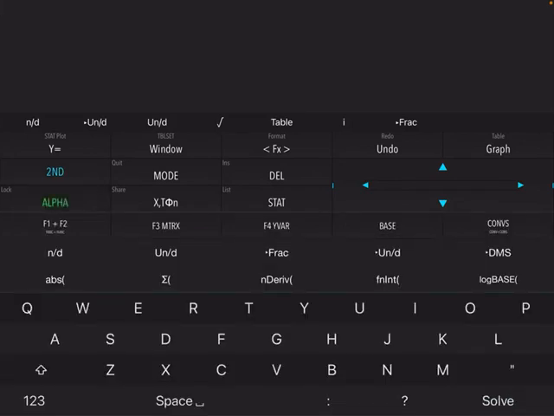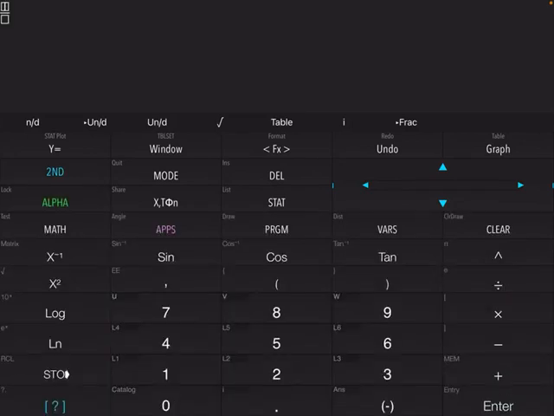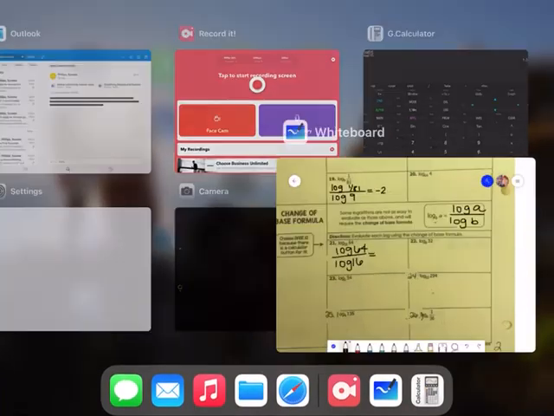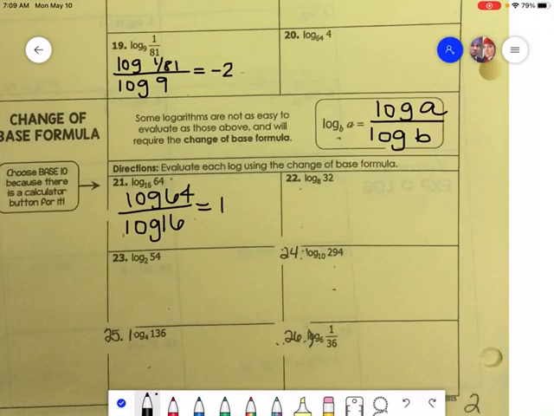Okay, let's do this one more time. I'm going to go log 64 on top, and finish out my parentheses, over log 16, and close my parenthesis on that 16. And I get 1.5. Cool. I didn't need to round that, which is really nice. So we're going to get 1.5.